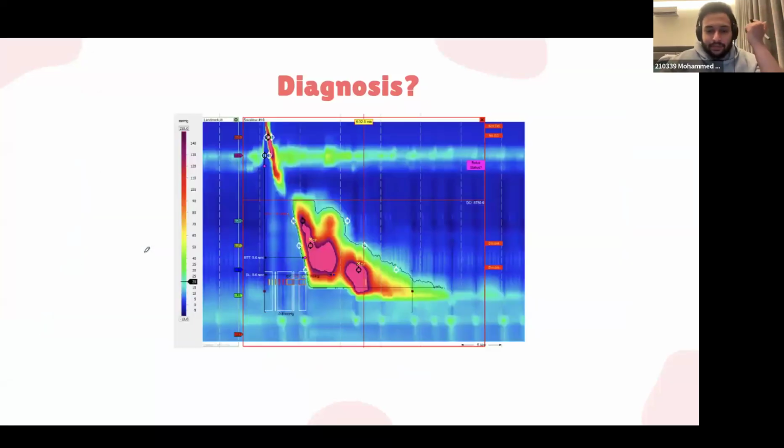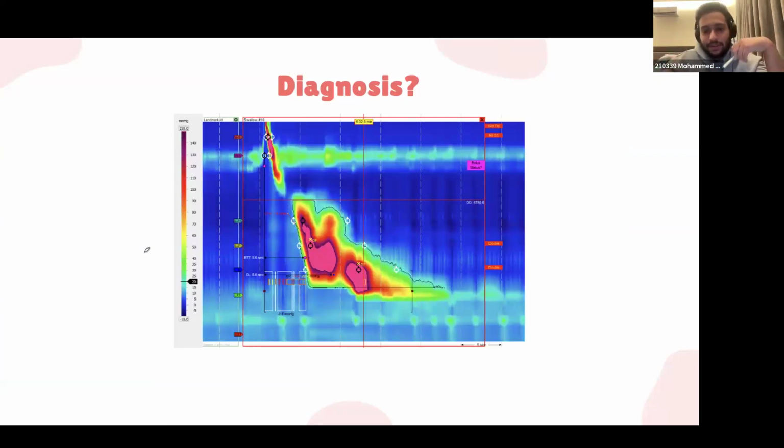Okay. How about this patient? Now it's jackhammer. Good. Again, this DCI, the distal contractile integral, will usually be above 8,000. For jackhammer, it could be even above 10,000.